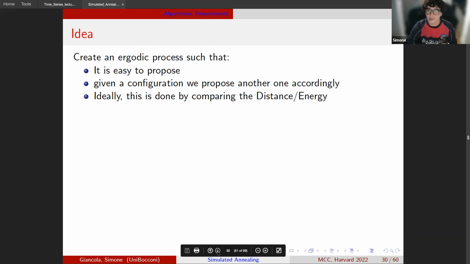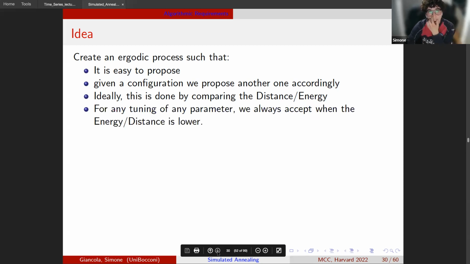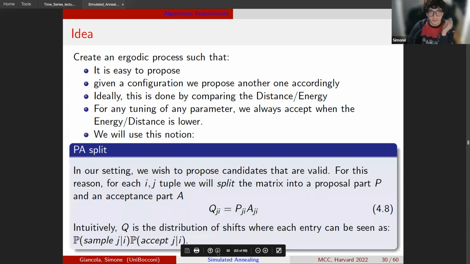And this proposal is done comparing the distance, so that we make a decision based on the distance we see and the distance we have. We could also, assuming that we always accept proposals that lower the distance, basically find an iterative method that explores the space in a more efficient manner.